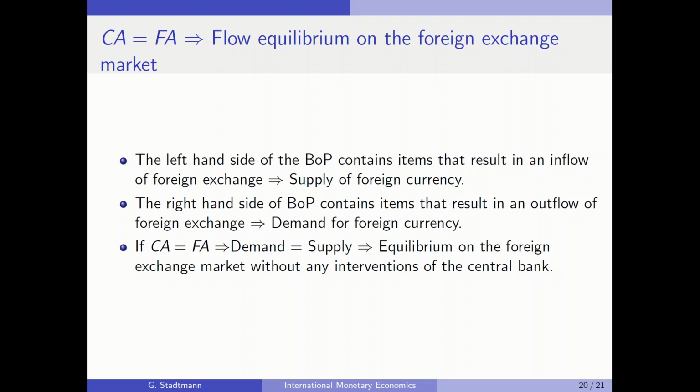However, it could still be the case that one country is running a current account surplus and also has a financial account surplus. So one economy might have a flow equilibrium, but in the form of a current account surplus and financial account surplus.